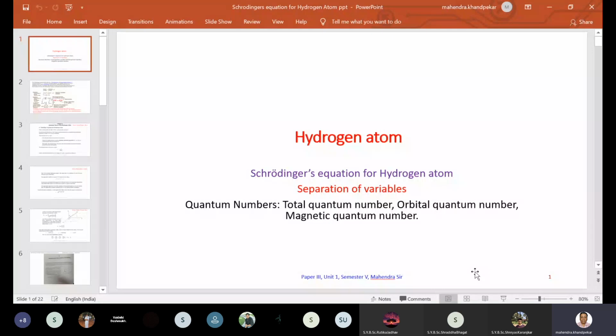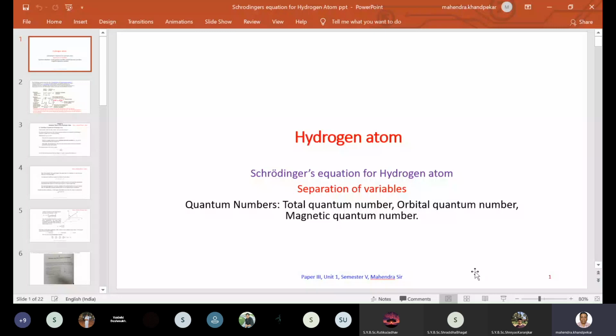Now, basically, we were trying to see what a hydrogen atom is, and at the outset, we discussed that the classical theories are not able to actually tell us all about the hydrogen atom. And so we have to shift to something called quantum theory. And when we are doing quantum theory, you will find Schrodinger's equation comes to our help.